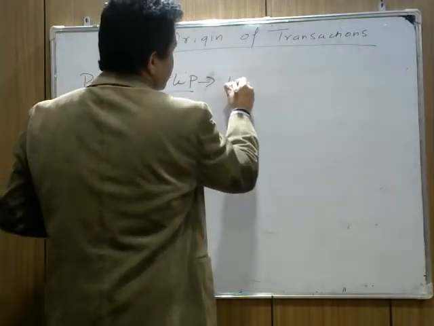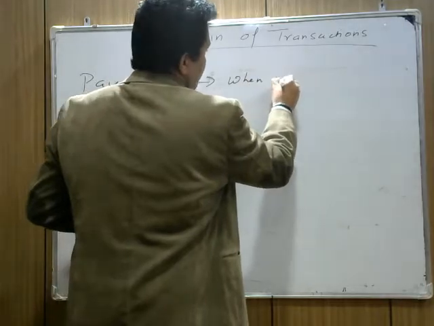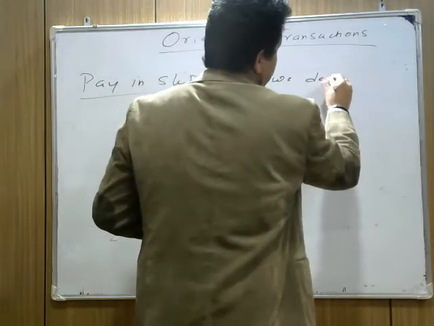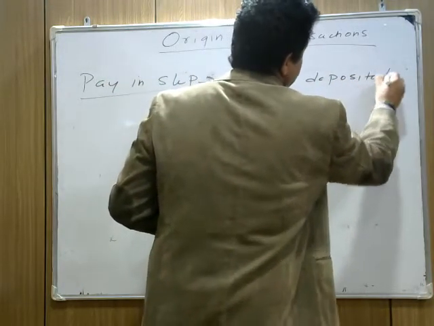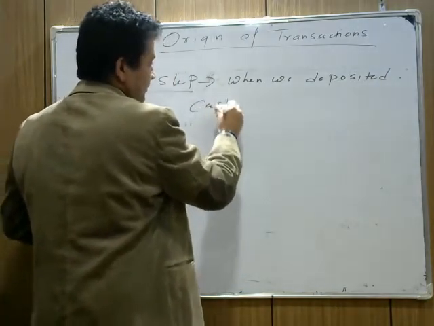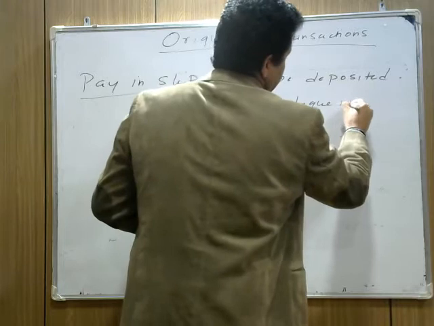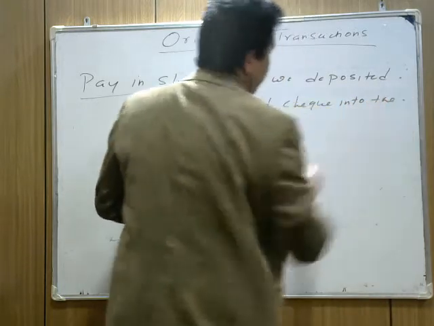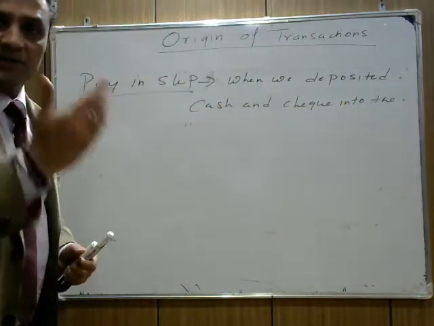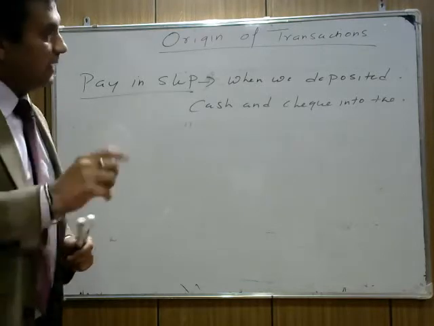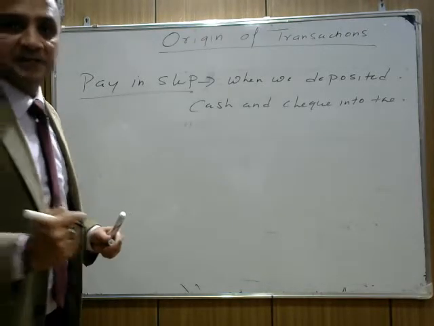So when we deposit cash and check into the bank, हम जब भी कैश और चेक को बैंक में जमा करते हैं, we need to fill a document which is called pay in slip.